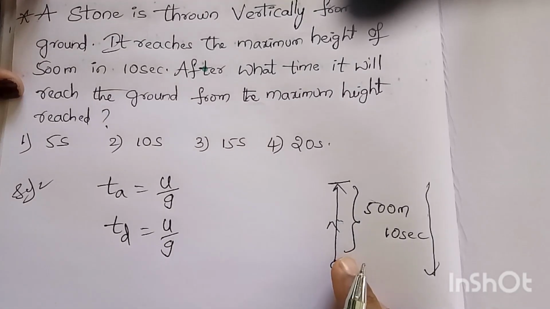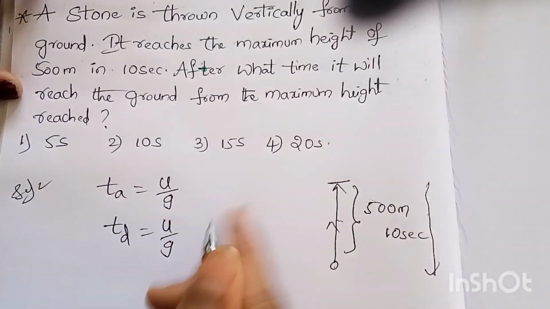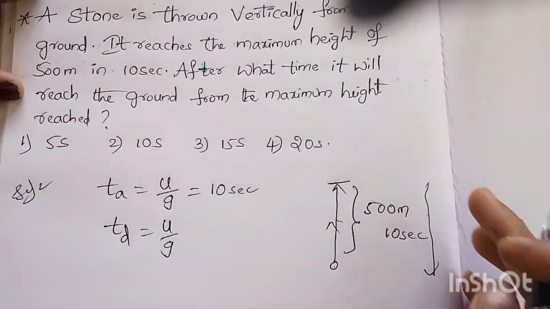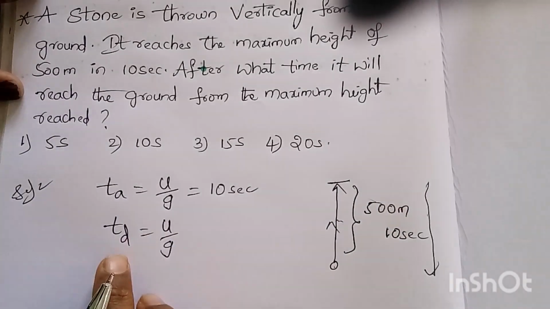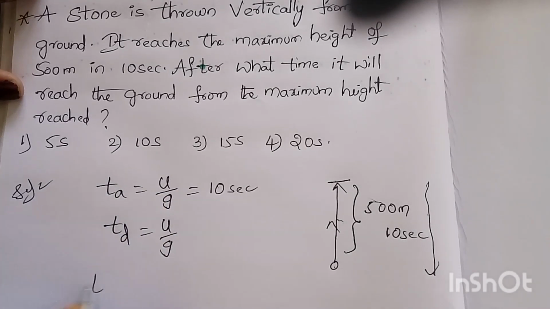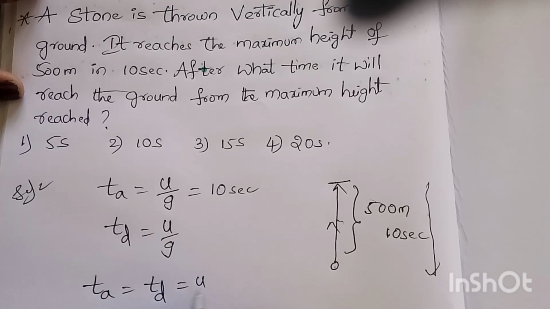As you all know, projected vertically upward, the time of ascent they have given is 10 seconds. The time to reach the ground from the maximum height is the time of descent, u by g. So you can see that time of ascent is equal to time of descent, that is u by g.